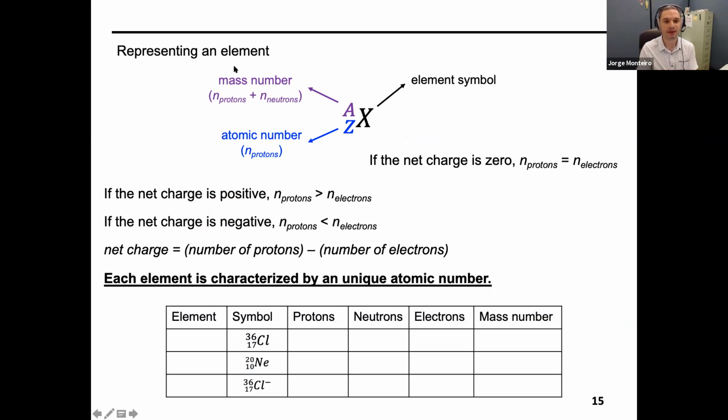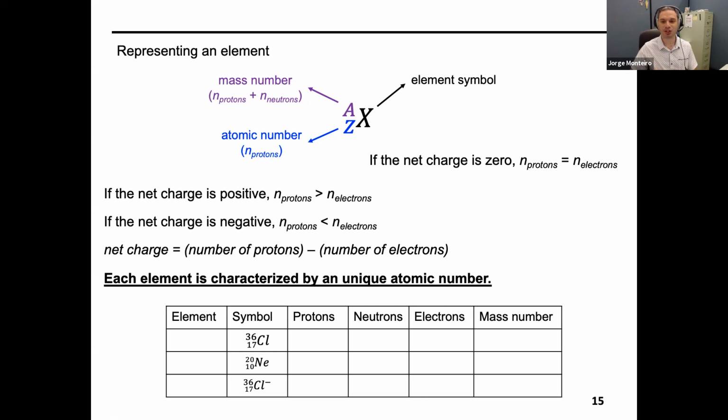Mass number is defined as the number of protons plus the number of neutrons, so the mass number is always an integer. Careful with that. On the bottom left corner, we represent the atomic number. The atomic number is equal to the number of protons.